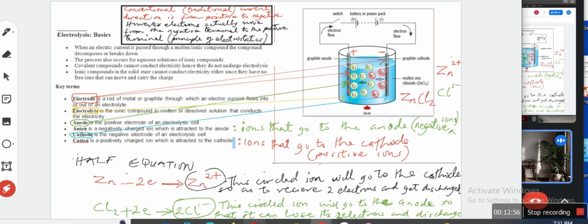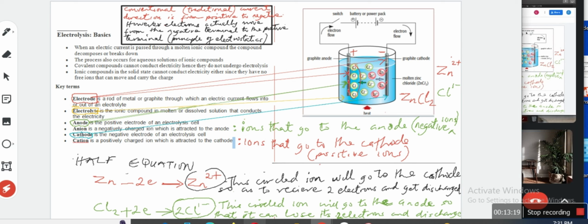I need to help you to remember it. It's easy to remember. You think of what ions go to the anode. Anions. And what is the charge of the ions that go to the anode?